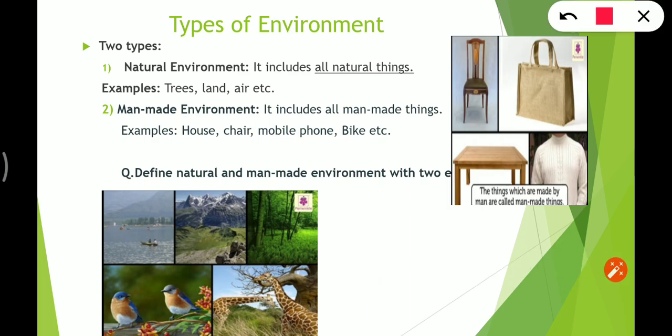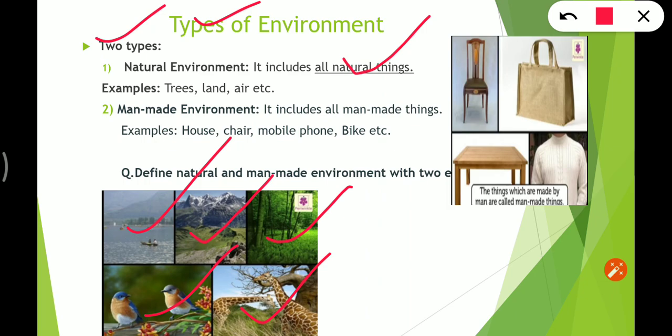So here we have the types of environment. The environment is of two types. Natural environment includes all natural things: this beautiful lake, mountains, forests, birds, animals. This is natural environment.